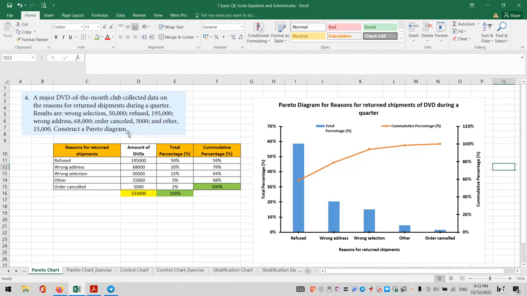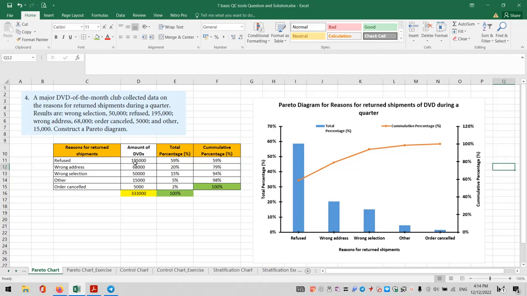Construct a Pareto diagram. After you read this question, you need to transfer all this information into a table so that you can understand what the question is asking you. The reasons for return are refuse, wrong address, wrong selection, other, and order cancel.